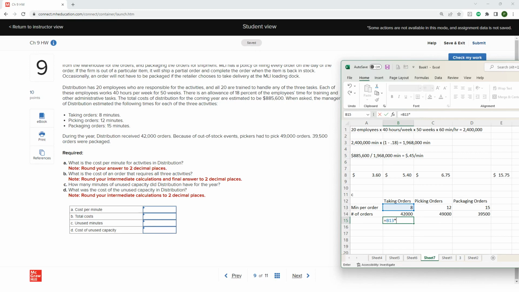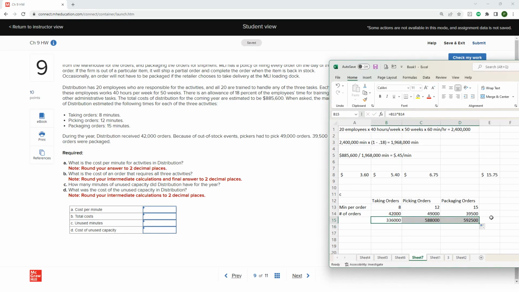And so our total minutes is 1,516,500 minutes. Remember that we had a total of 1,968,000 minutes available. And so the difference is the minutes available minus the minutes used, 451,500 minutes that were not used.